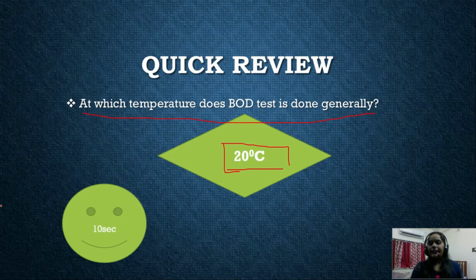That we will see after the rate constant of the BOD reaction. Then we will measure the final BOD of our sample. So from the initial value and the final value, we can get the BOD of our wastewater sample.